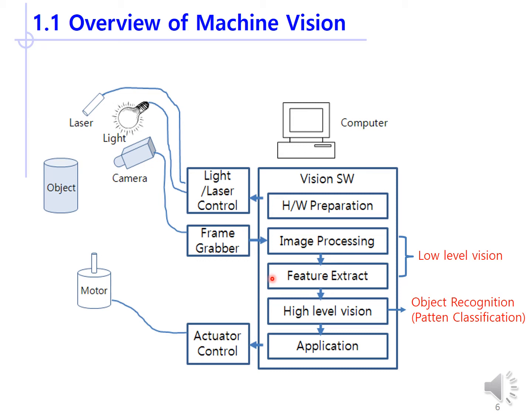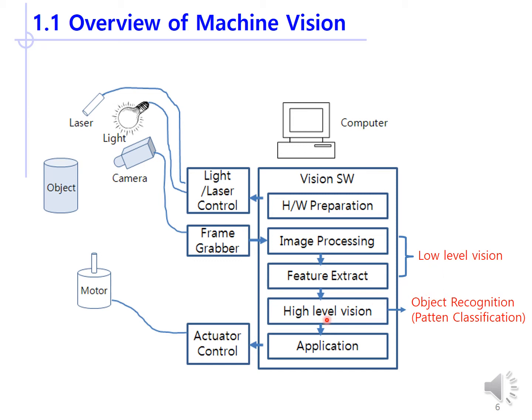Segmentation is a process that distinguishes the object from the background. Features are characteristics that can uniquely define the object, which will be used in the object classification.